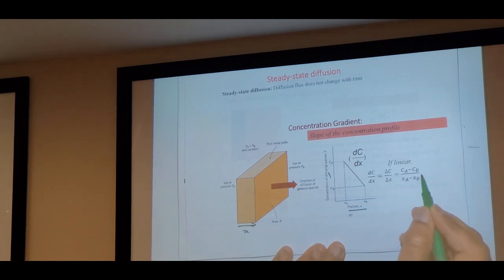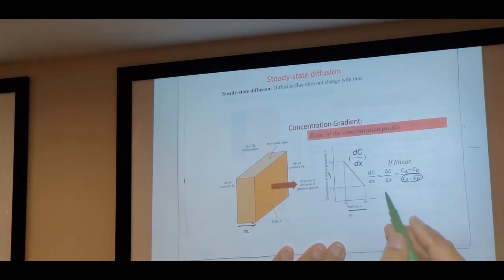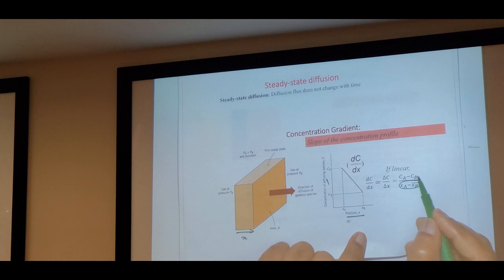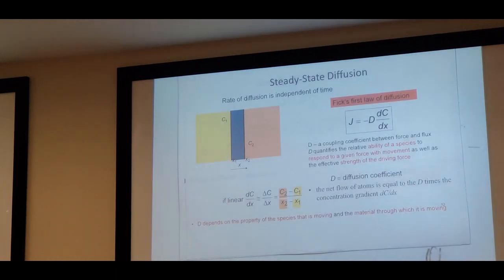Xa minus Xb is the thickness of that diffusing species. So this is the equation. dC by dx is equal to change in concentration over change in distance.